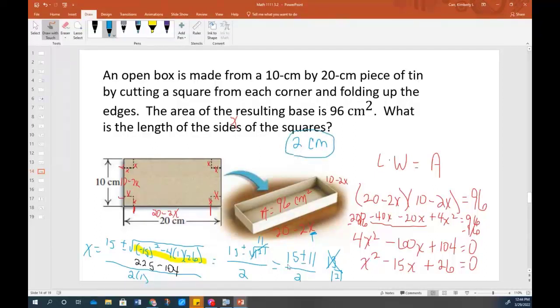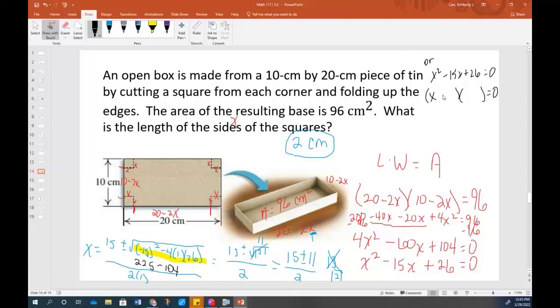centimeters. Now, I did solve that by the quadratic, but that doesn't mean it would not have factored. So if you get comfortable factoring, one thing you might notice, and I'm just going to go up here to the upper right and do that, is if I had written x squared minus 15x plus 26 equals 0, I might have asked myself, well, what multiplies to 26 but adds to negative 15?